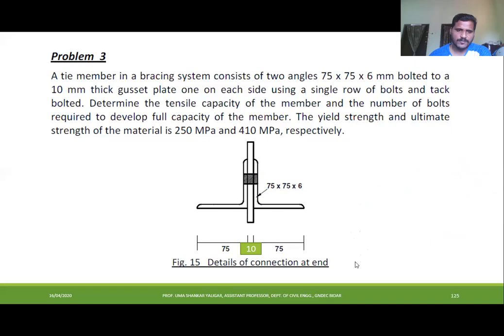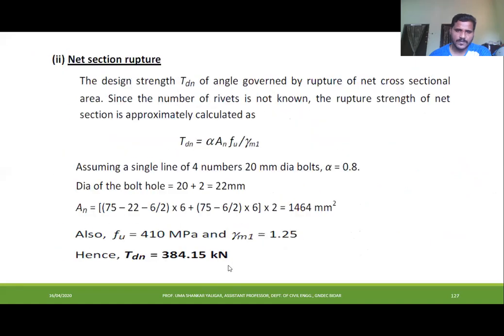The same thing we have written here. You can see for the connected leg, 75 minus 22, the hole diameter, and minus 6 by 2 up to the center, multiplied by the thickness. For the outstanding leg, 75 minus 6 by 2 up to the center, multiplied by the thickness.